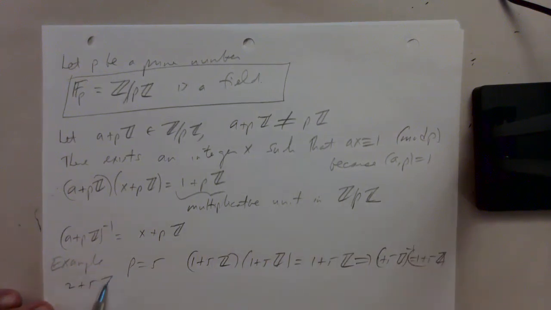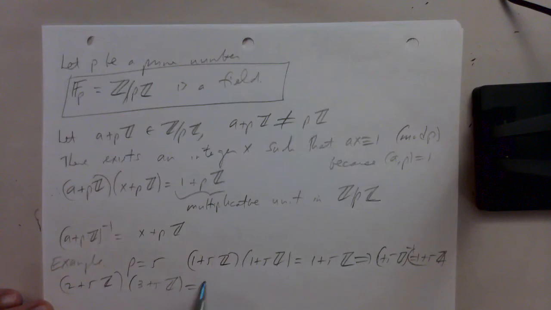What about 2 plus 5Z? Well, 2 plus 5Z times 3 plus 5Z is 6 plus 5Z, which is 1 plus 5Z.